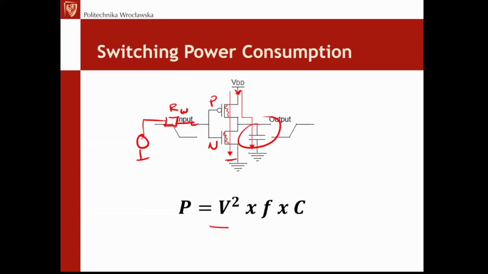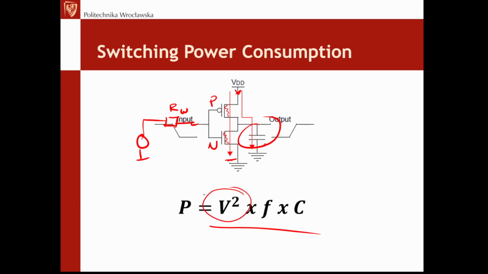As well, in case of the dynamic power, the switching power consumption in digital systems is directly proportional to the frequency and the capacitance of the load, but also proportional to the square of the power supply voltage.